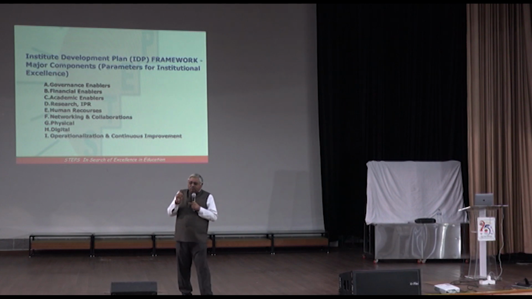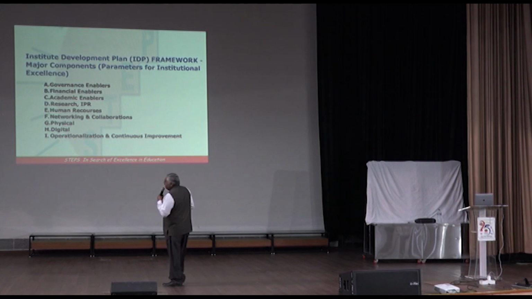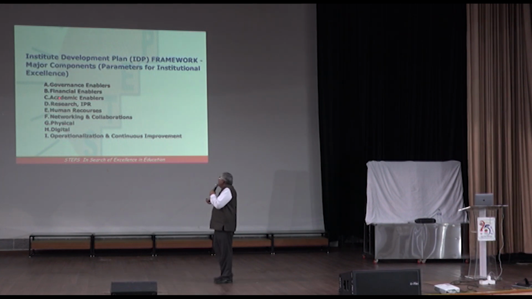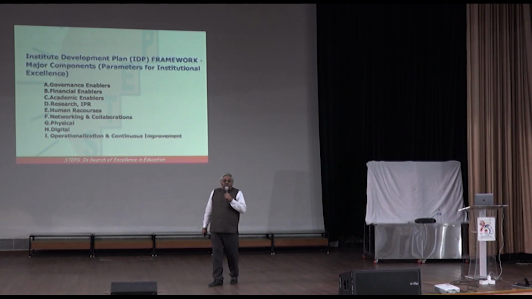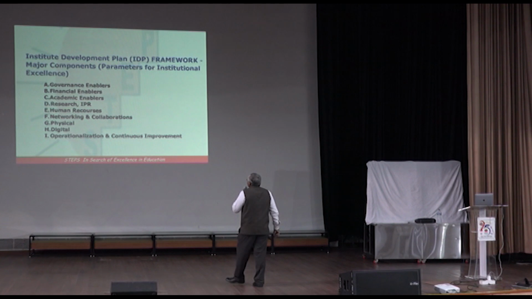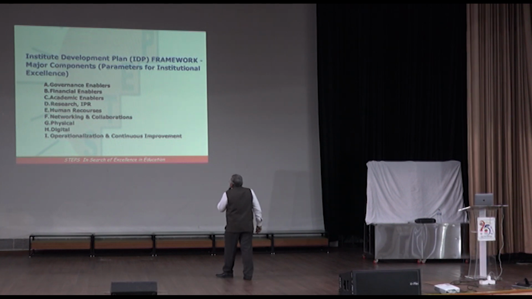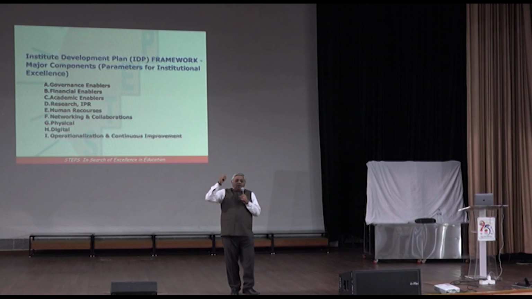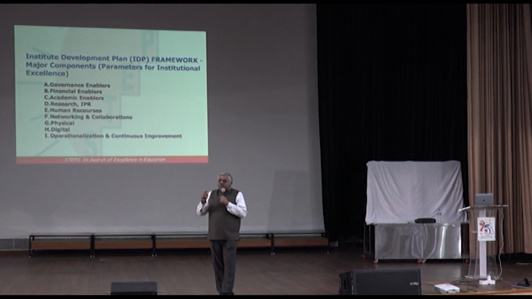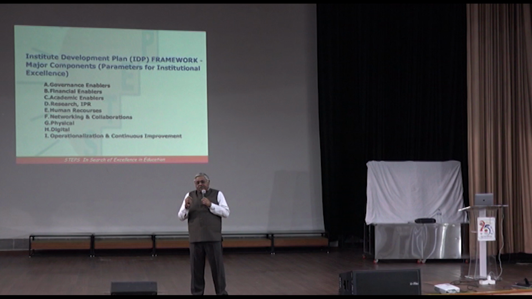So my request is we should work on IDP, and the major parameters of IDP are governance, financial enablers, academic enablers, research and IPR, human resources, networking and collaborations, physical, digital, and operationalization and continuous improvement. These are the major parameters focused on in IDP. So the IDP has to be created on this basis.